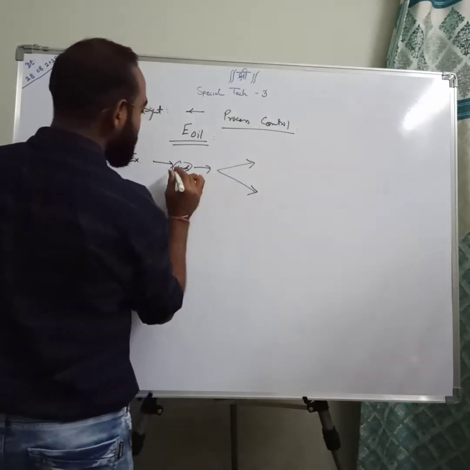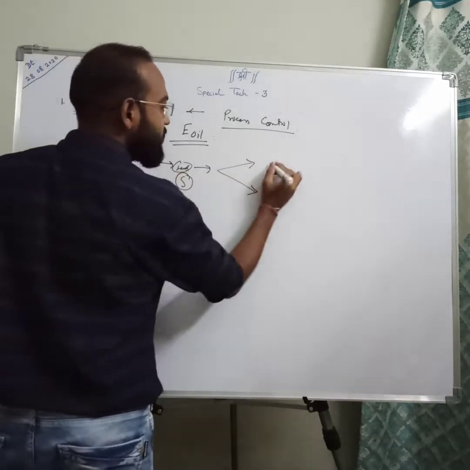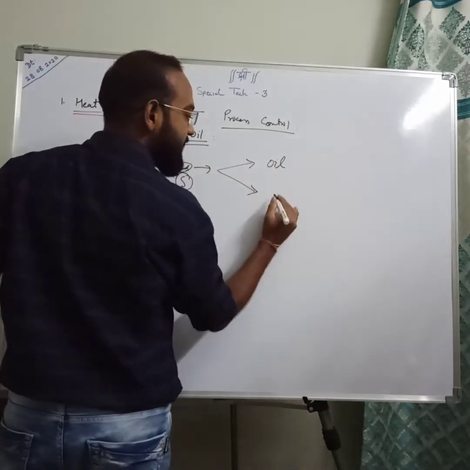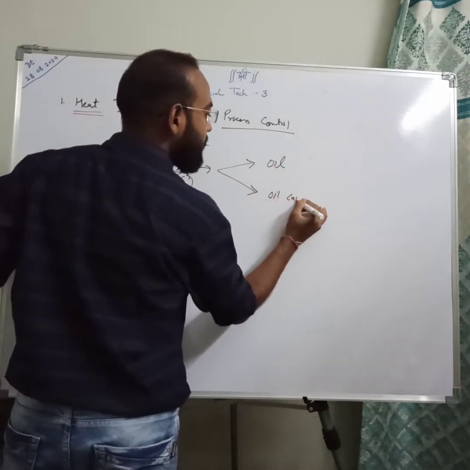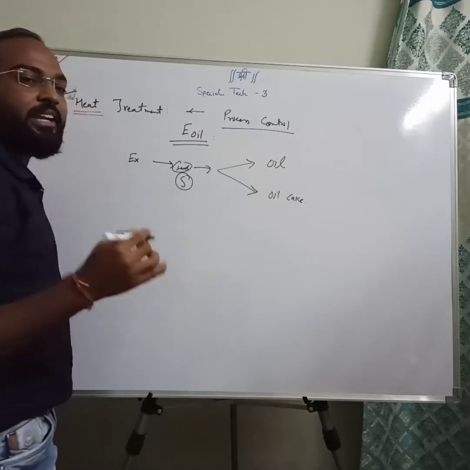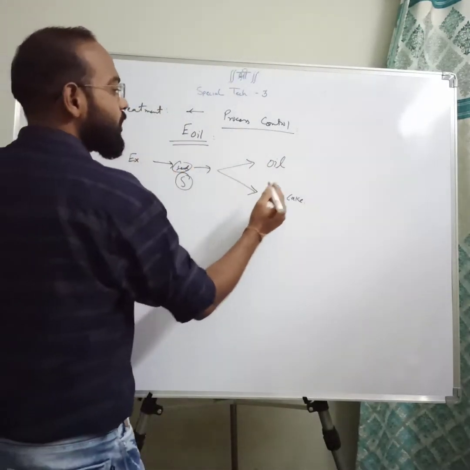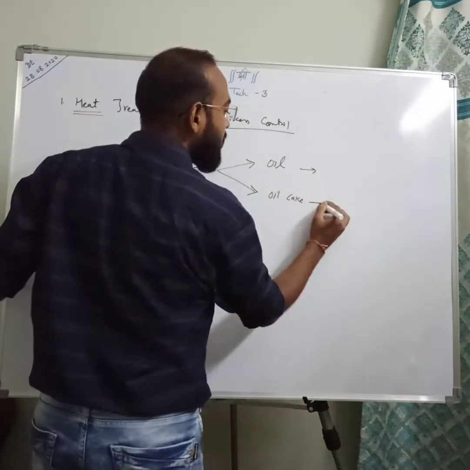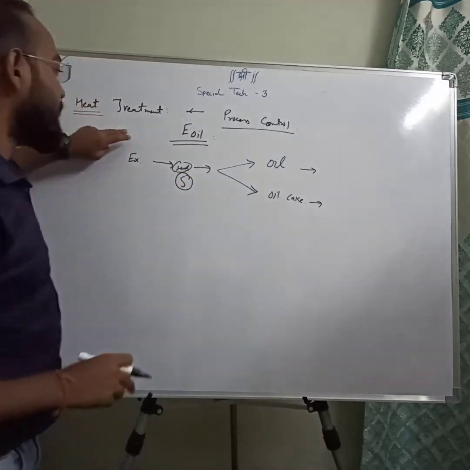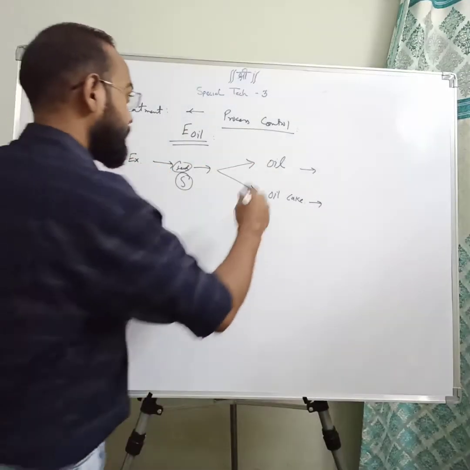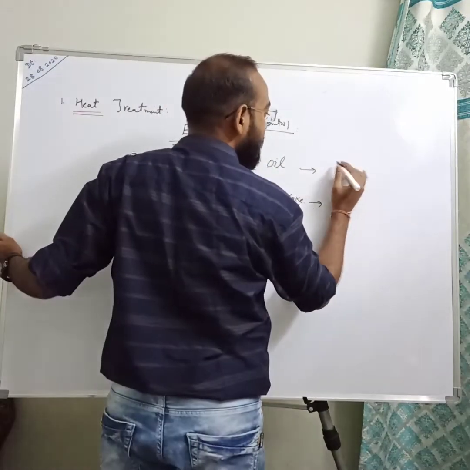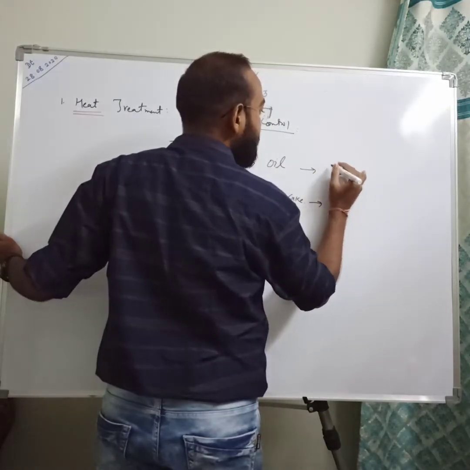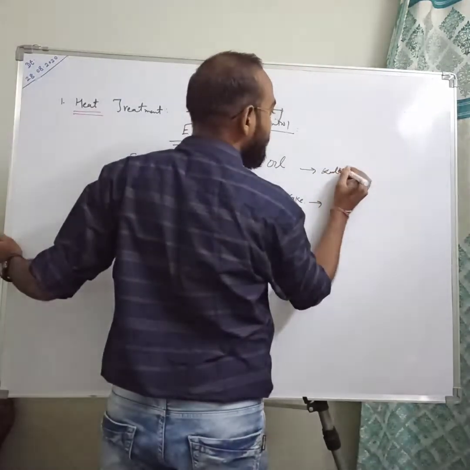Our basic products from seed are one is oil and second one is oil cake. Besides that, there are n number of different products, but our major products are oil and oil cake. If more heat is supplied in heat treatment to the oilseeds, then the quality of oil is degraded.